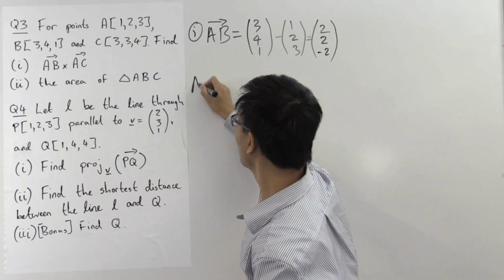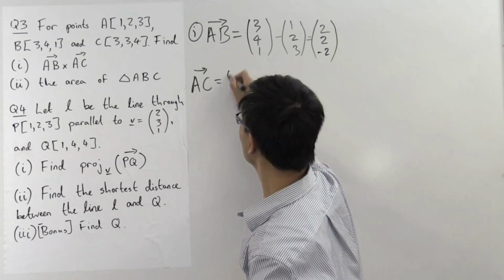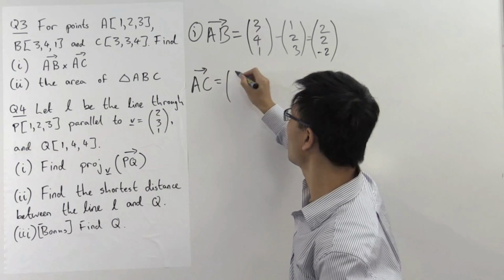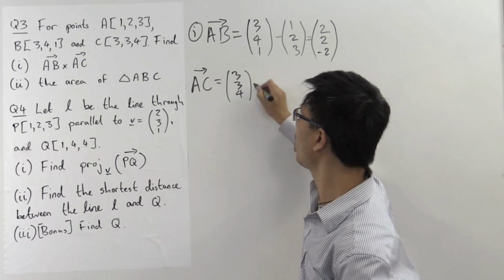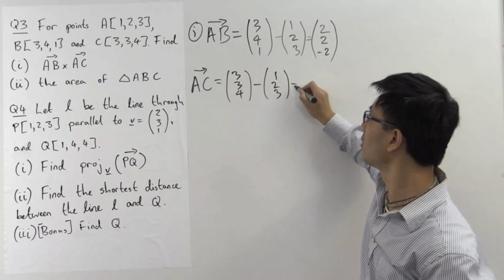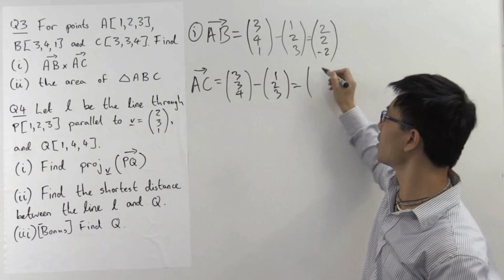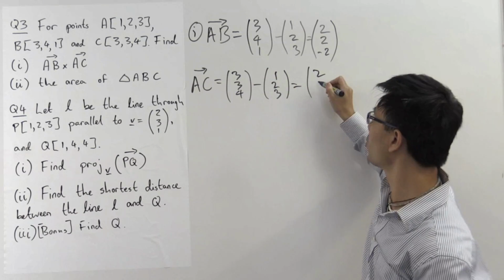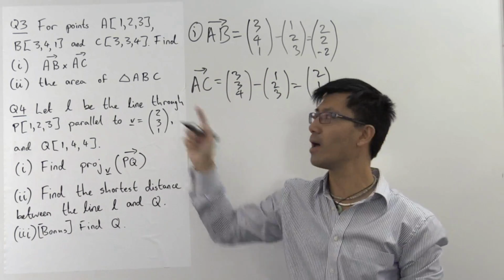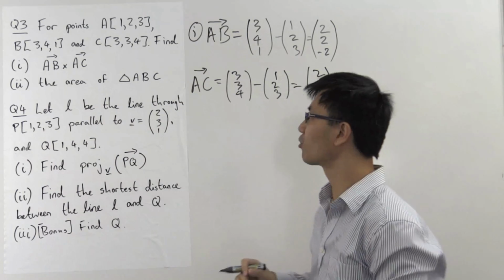And then AC is, you do the coordinates of C minus those of A, (3, 3, 4) minus (1, 2, 3). Okay, 3 minus 1 is 2, 3 minus 2 is 1, 4 minus 3 is 1. Okay, and the next part is the cross product.